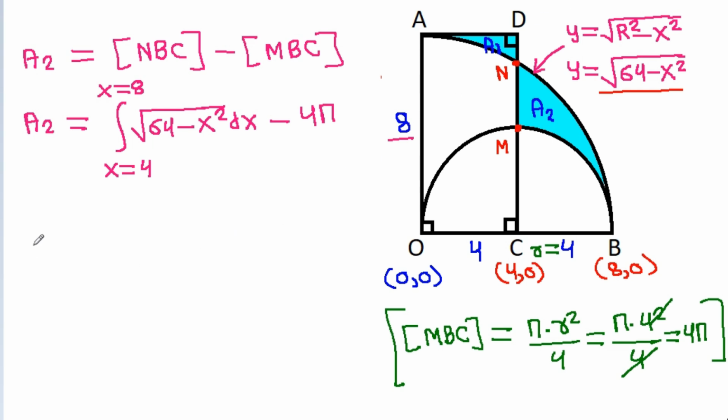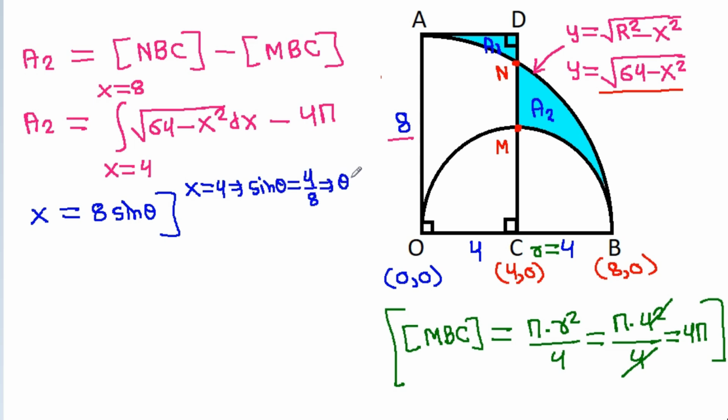And again, if we take x is equal to 8 sin theta, then if x is 4, sin theta will be 4 by 8. That means theta is pi by 6. And if x is 8, then sin theta will be 8 by 8, that is 1. So theta will be equal to pi by 2.